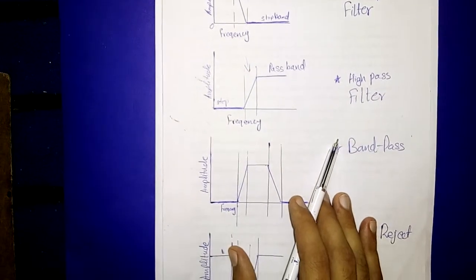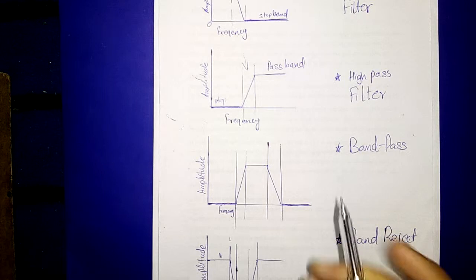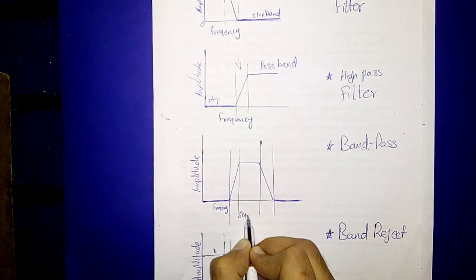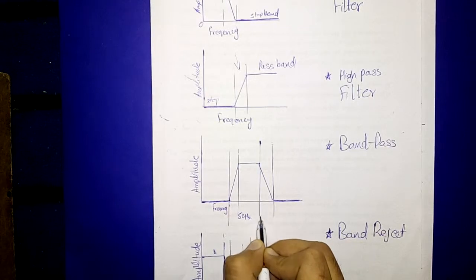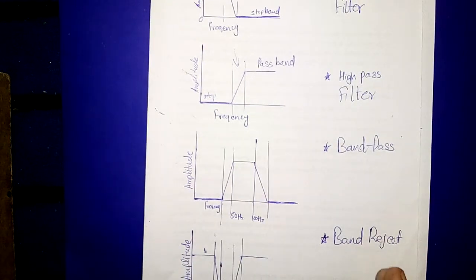Now the next thing is band pass. If we want that only a specific amount of frequency, for example around 50 to 100 hertz, is allowed to pass, then we apply a band pass filter, because it specifies the limit to which the signal should be allowed to pass.